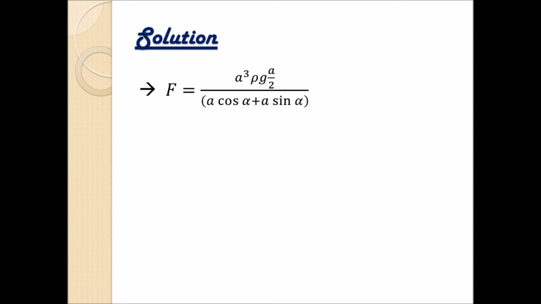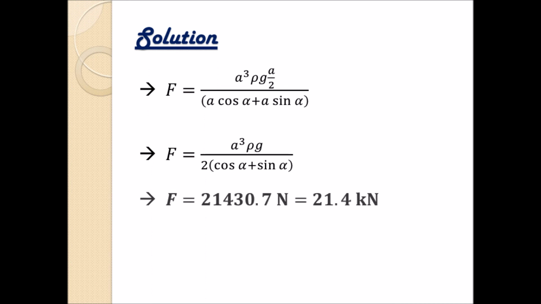Now, yes, when we look closely we see that we could basically put our given values into this equation, but personally I don't like leaving it at this. We can still simplify this equation, and what we get is that a to the power of 3 times ρ times g divided by 2 and divided by the sum of cosine alpha and sine alpha equals F. And now we can take all our given variables and put them right here.